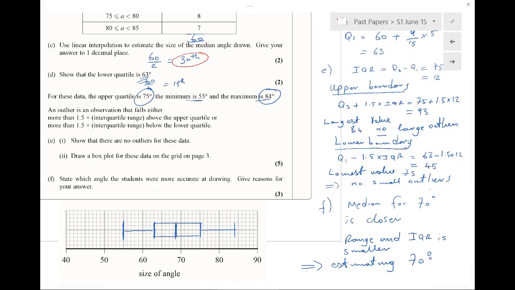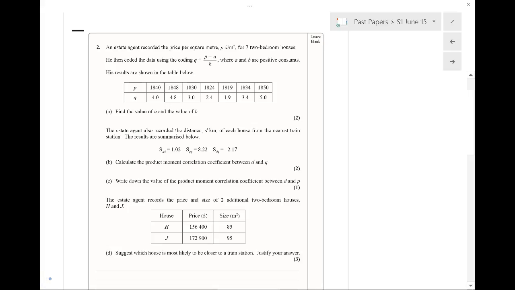Okay, let's have a look at question 2. Okay, so it's coding with correlation. You might be tempted to set up a simultaneous equation here with, say, these values. So you could write 4.0 is equal to 1840 minus A divided by B, and also 4.8 is 1848 minus A divided by B, and work out A and B simultaneously.